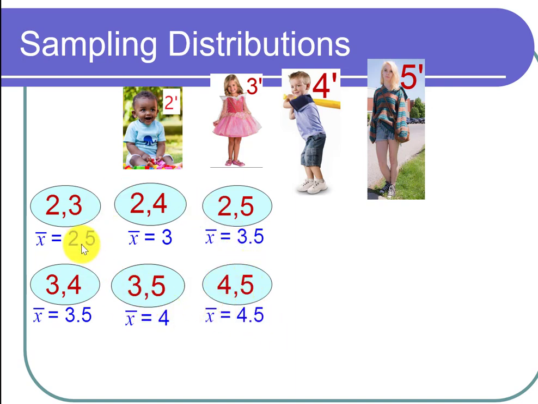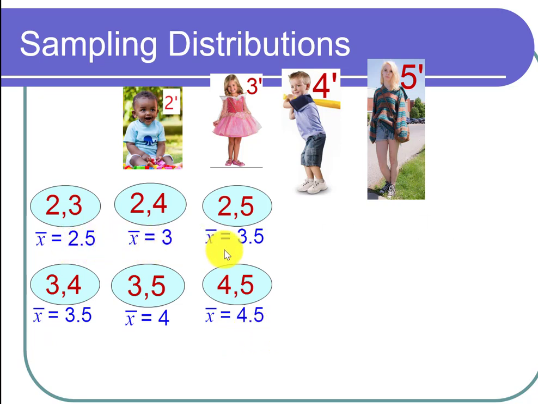These are all the possible samples that I could get by taking 2 different children. Now I could take the data, looking at all the possible x bars: 2.5, 3, 3.5, 3.5, 4, and 4.5.